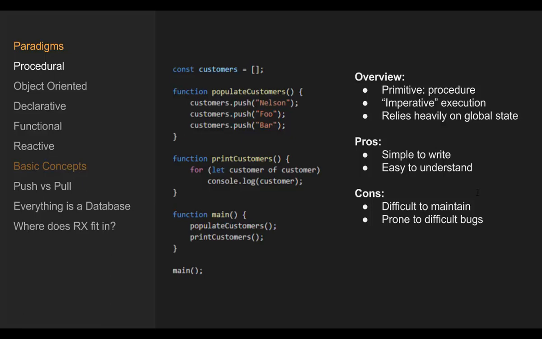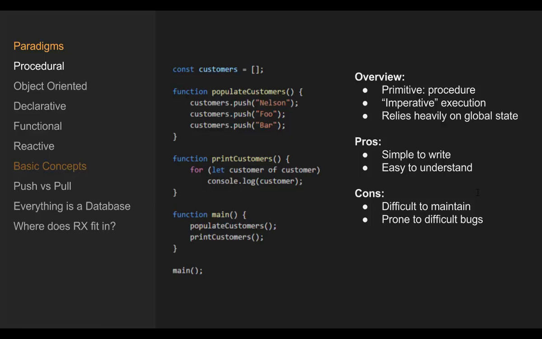The idea of this paradigm is that we're just giving instructions to the computer, line by line by line. Yeah, we might have some for loops or if statements or other control statements, sure, but at the end of the day, besides those simple imperative commands we can give the computer, the only other tool we have are functions. So an example of a procedural language would be C.